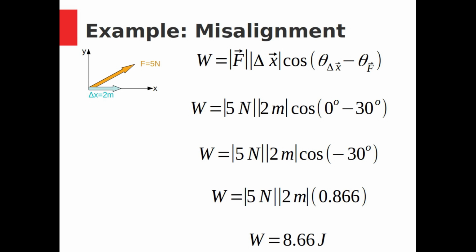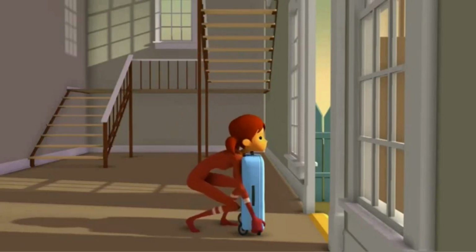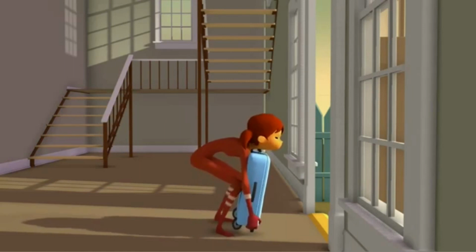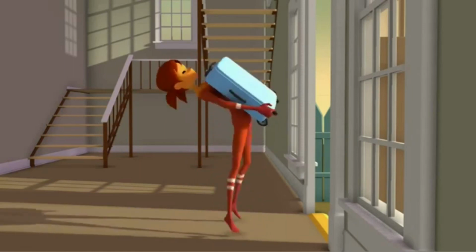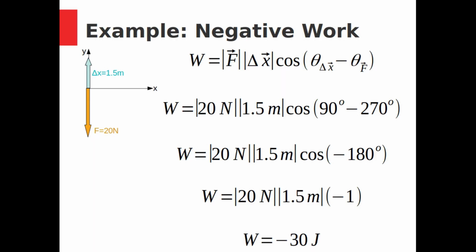At this point, you're probably wondering if there's such a thing as negative work. The answer is a resounding yes. For instance, suppose you lift an object that has a weight of 30 newtons a distance of 1.5 meters. The weight force is pointed downwards, which means its orientation is 270 degrees.